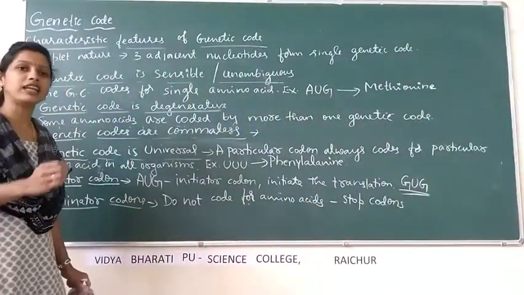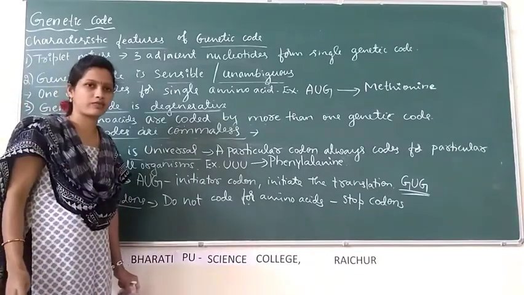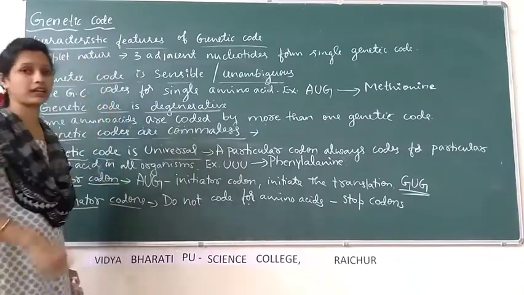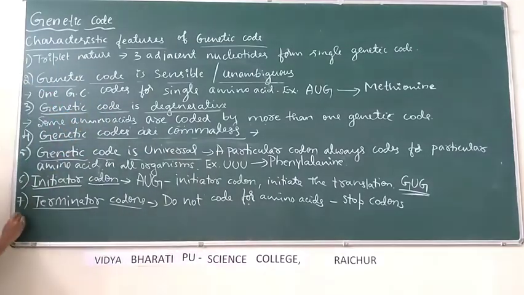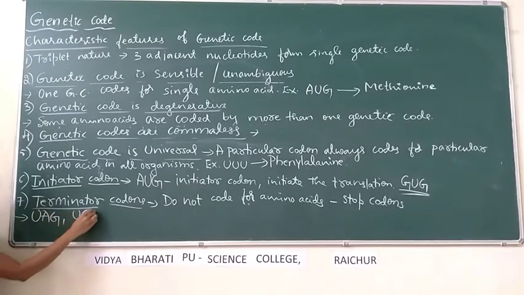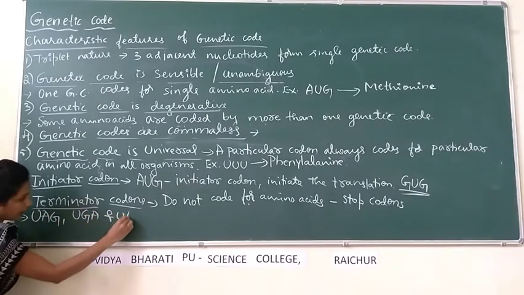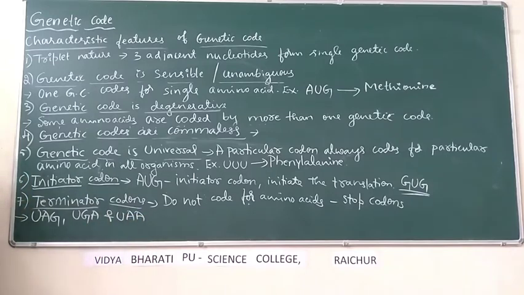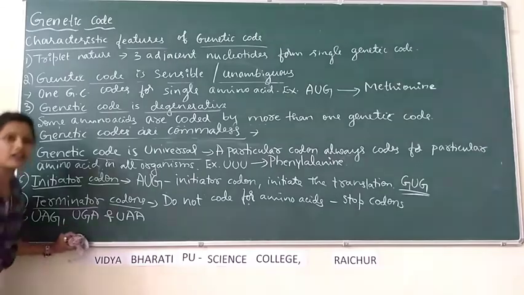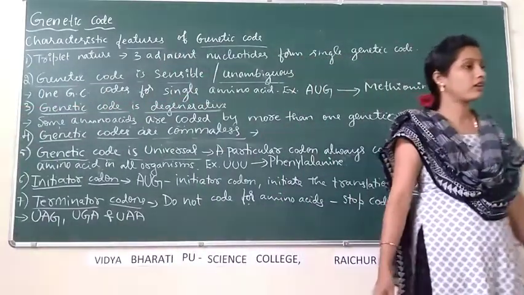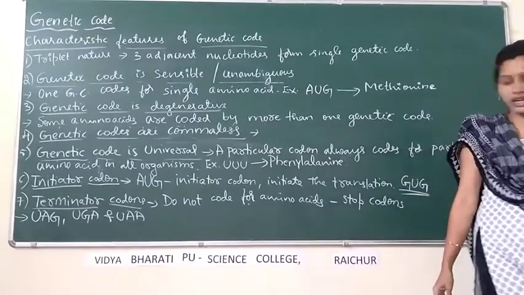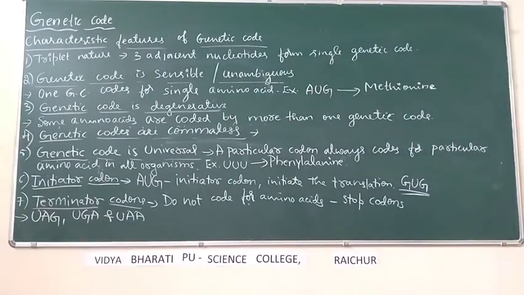There are 3 terminator codons, such as UAG, UGA and UAA. UAG, UGA and UAA are the 3 terminator codons present on mRNA.